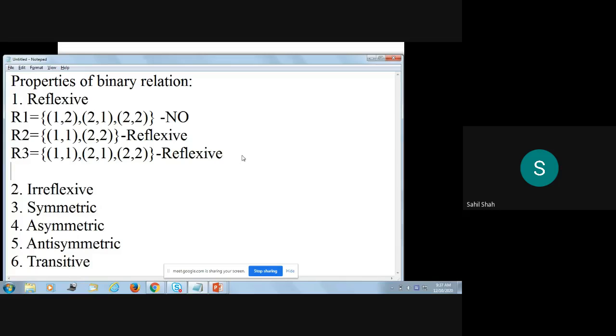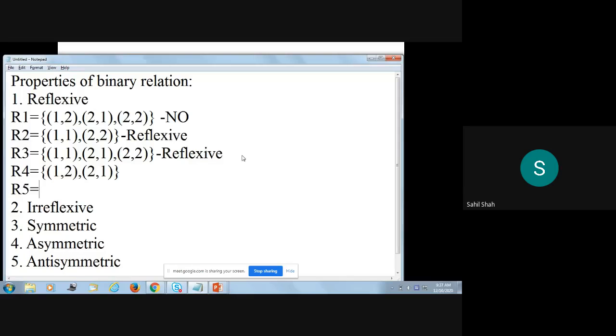If I take R4, let us say R4 is 1 comma 2, 2 comma 1, and R5 is 1 comma 2. Now, if you observe R4 and R5, there are no self loops present, either with 1 or with 2.